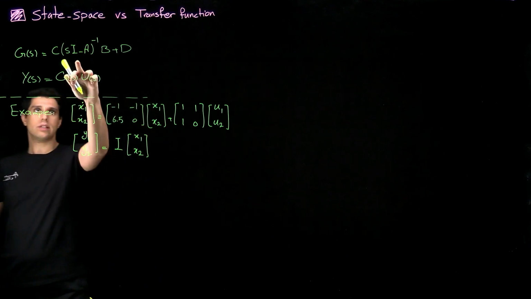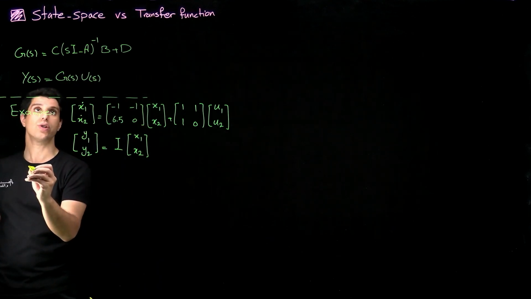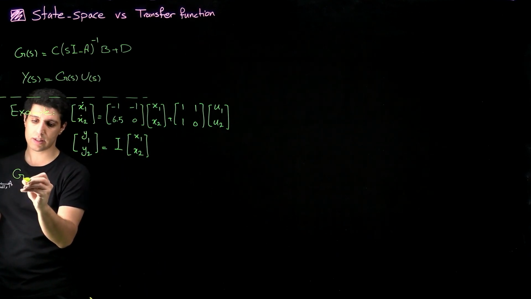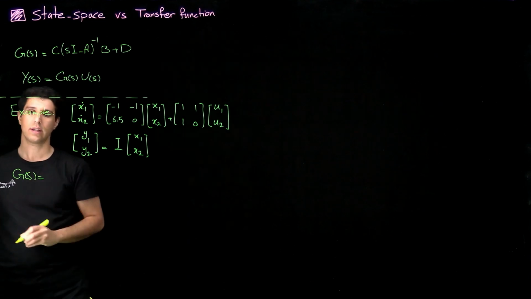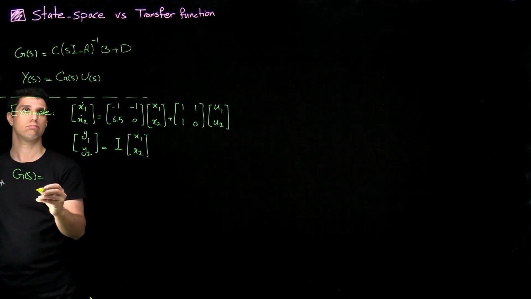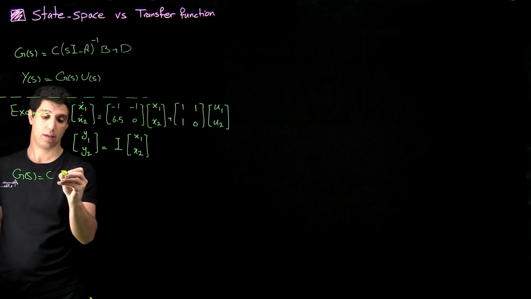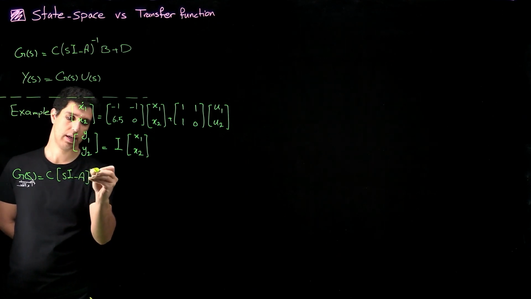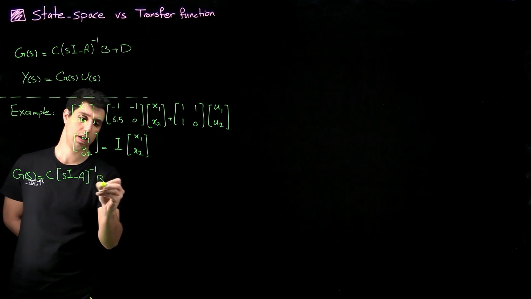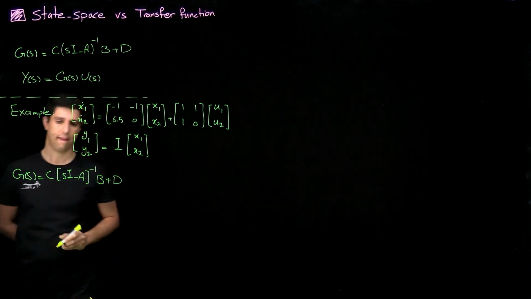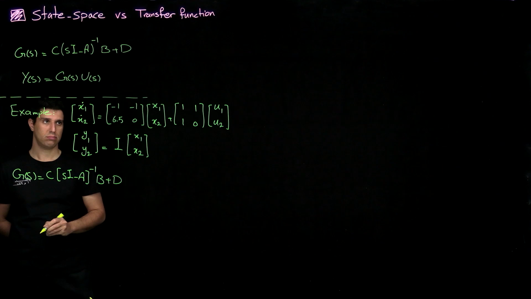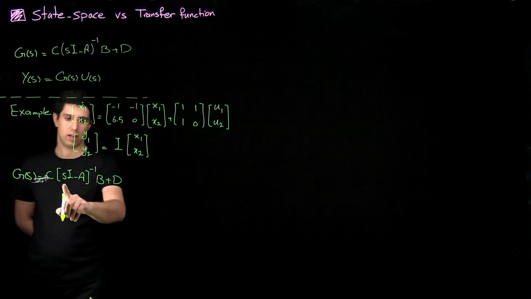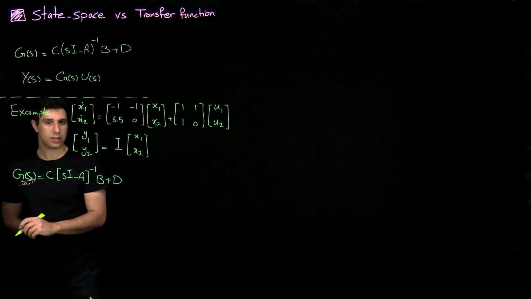So let's start with this equation. My G(s) equals C (sI - A) inverse times B plus D. Maybe let's look at this first.